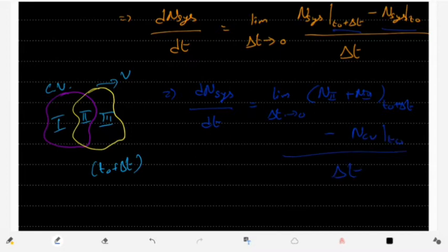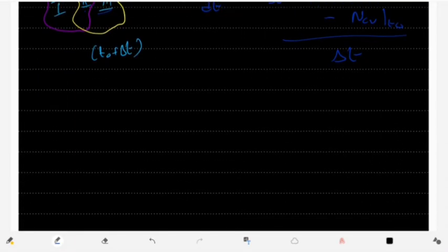As at t naught plus delta t the system is in this yellow color, that means this interface 2 and this interface 3 combinedly give us the system at t naught plus delta t, and the system at t naught is nothing but the CV for the initial condition we considered. So I wrote that over here.